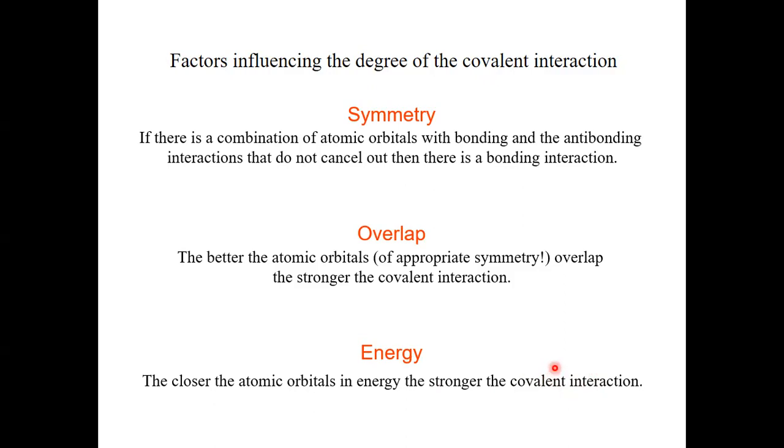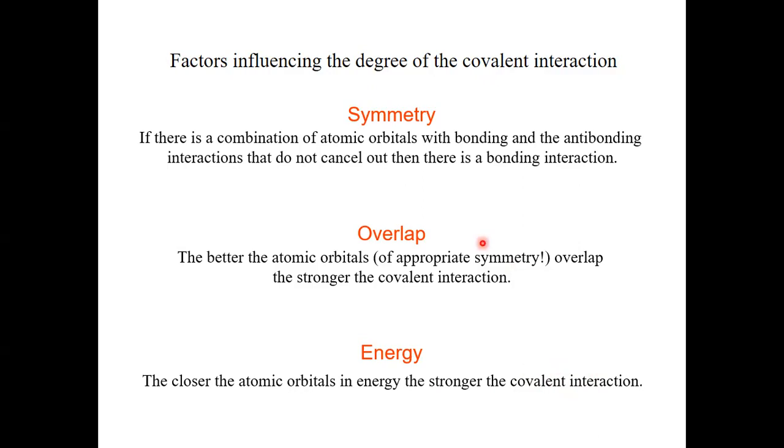We can understand this the following way when you consider that the orbitals are waves, and energy is correlated to wavelength, and two waves that have similar energy will just interfere more strongly with each other than waves that have very different wavelengths in energy.